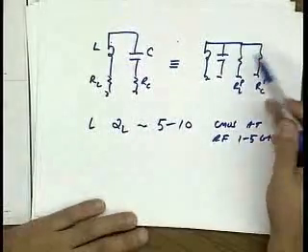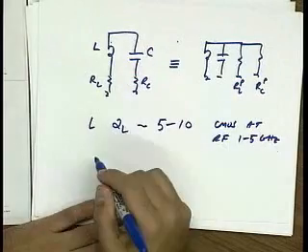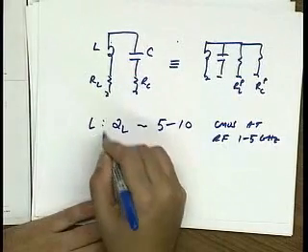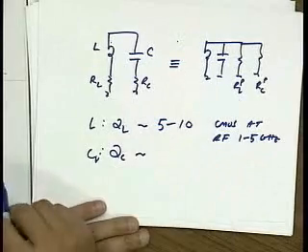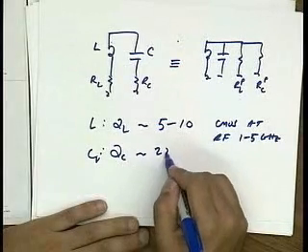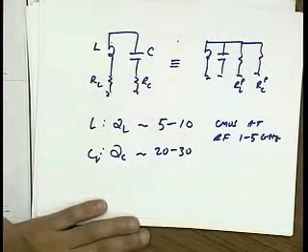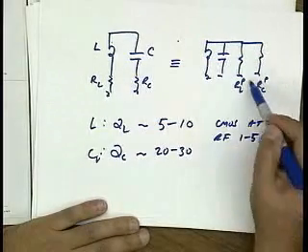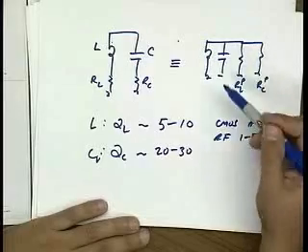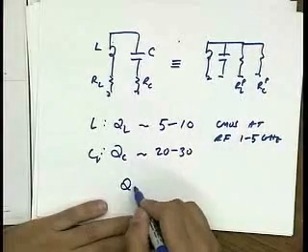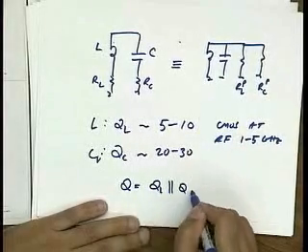You'll find that the varactor Q actually is much better. So QC, the varactor Q, depending on the process, may be anywhere from 20 to 30. So much better. And so you actually don't need it, because you're really limited by this inductor anyway, right? So the overall Q is QL in parallel with QC.